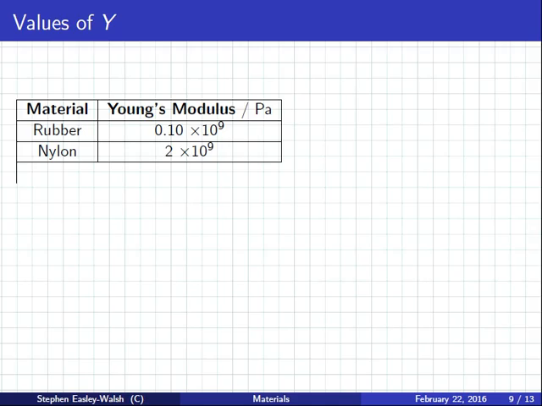2 times 10 to the 9. So in fact these are small values. You got this? Next, wood. Now you see this is much bigger. 10 times 10 to the 9.